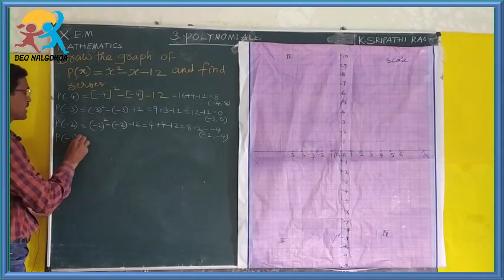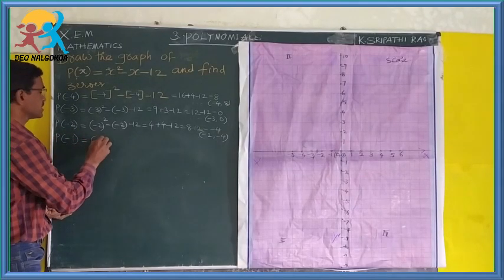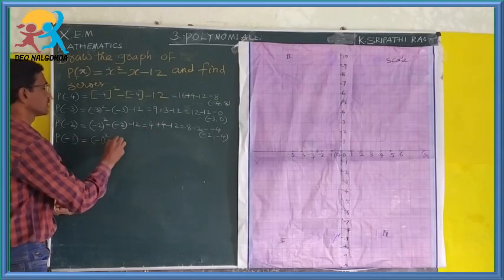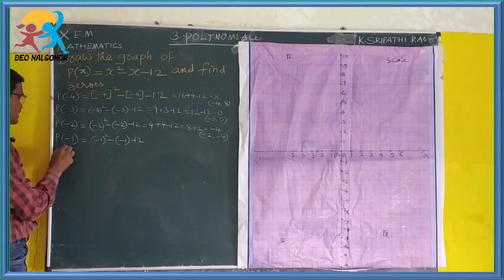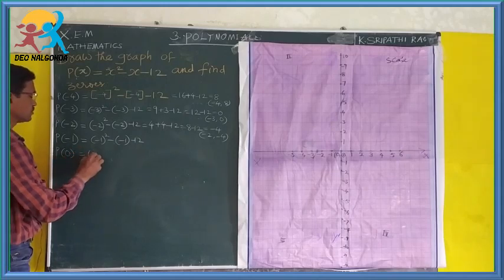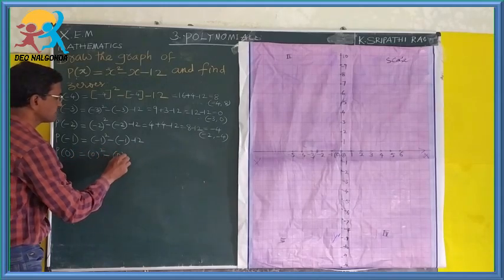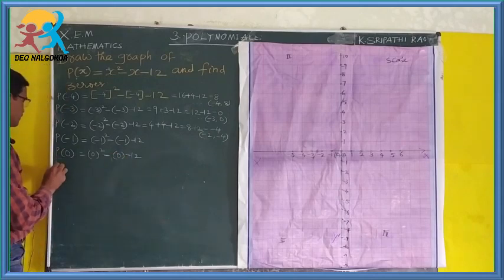Let us take minus 1. Here minus 1 whole square minus of minus 1 minus 12. Similarly let us take 0. 0 square minus 0 minus 12.